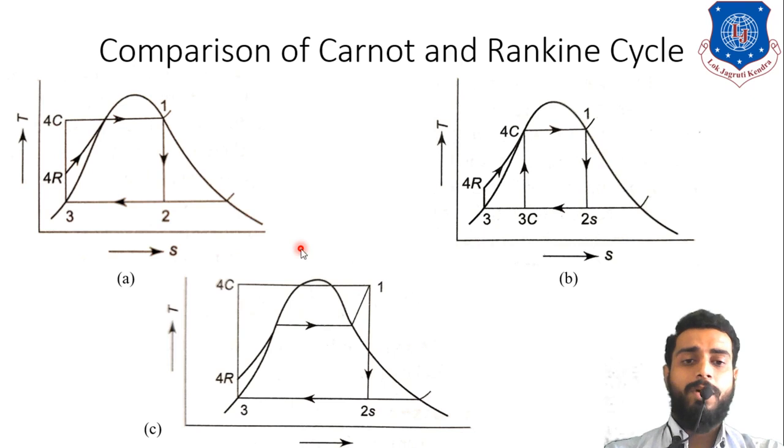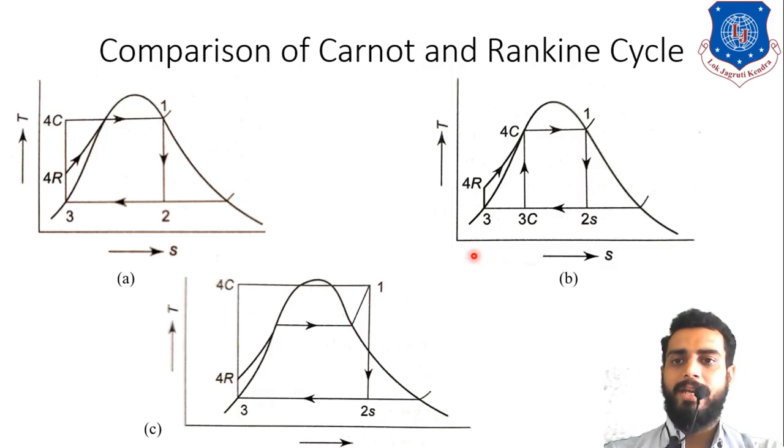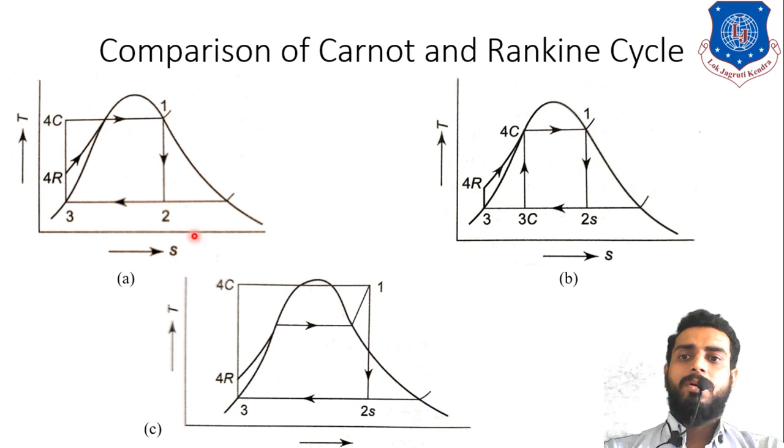Now let's move further and compare Carnot cycle with Rankine cycle. So as you can see over here, there are three graphs, that is A, B and C. Now first of all the graphs are plotted on TS diagram, so take that in mind. Okay, now starting from the first diagram, that is A, we will understand what is the significance of 1, 2, 3, 4C and 4R point.